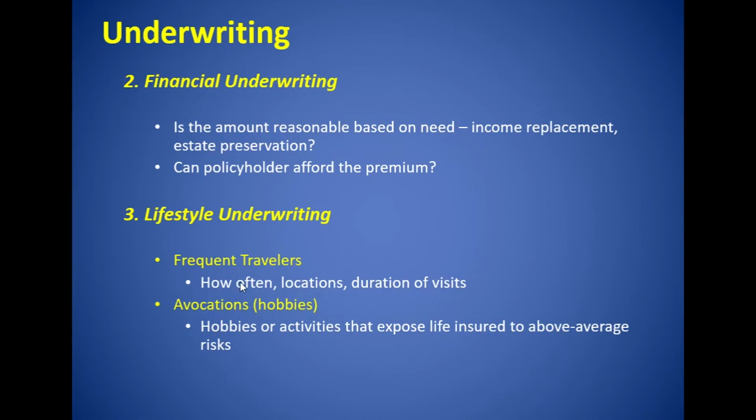How often are you traveling? Where are you going? How long are you staying? These kinds of other lifestyle information are all types of things that fall under lifestyle underwriting.